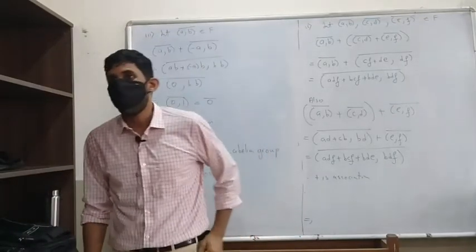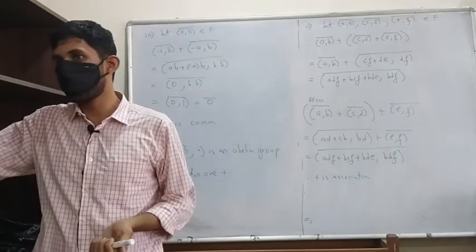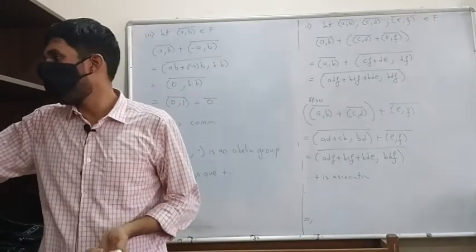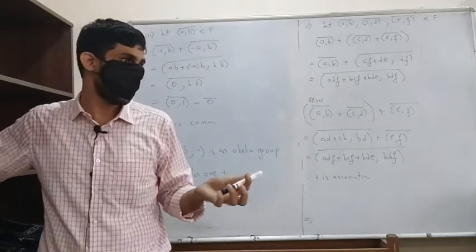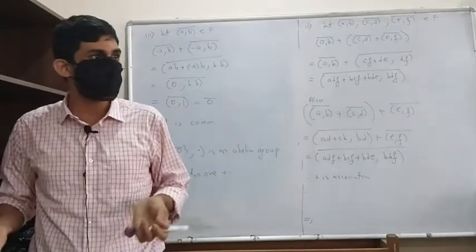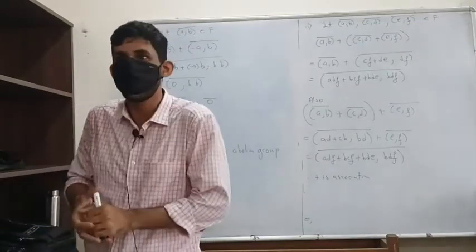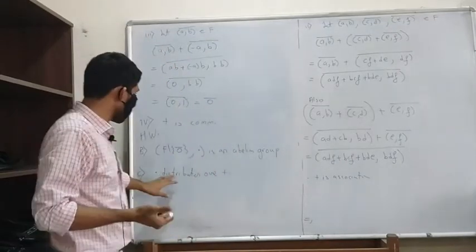But we have only proved that F is a field, right? With this, we have only proved that F is a field. What do we need to show? That F has a subfield which is isomorphic to D. So what is that subfield which is isomorphic to D? Can anyone tell me? We have only shown that F is a field.